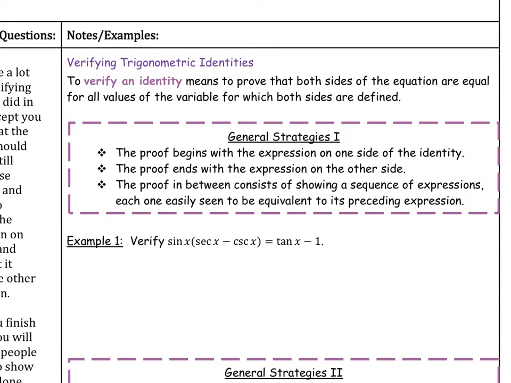Okay, so first strategy here, we're going to simplify the left side of the equation. I'm going to start with sine x times secant x minus cosecant x.